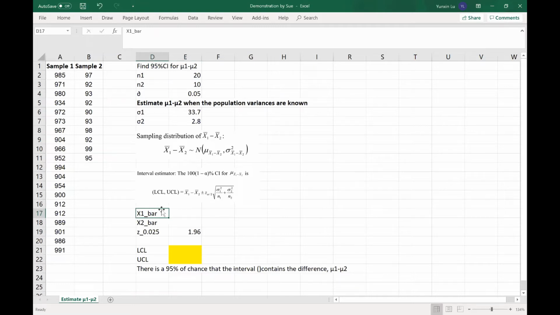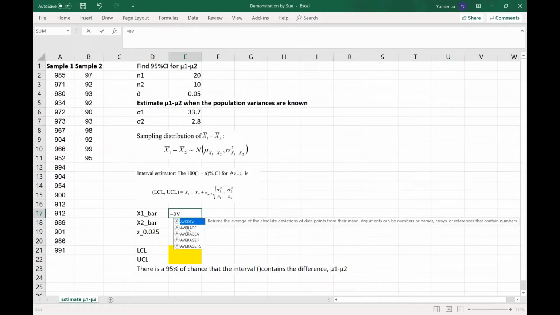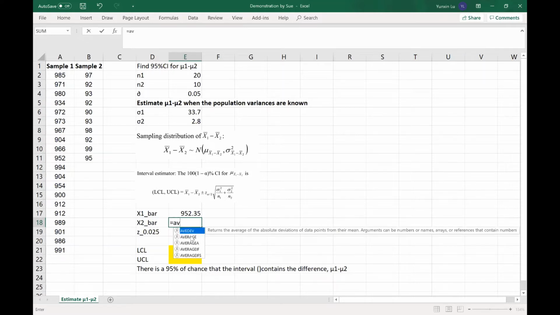So first, let's find the average of the two different samples. First we use the average function to get the result, and the same, use the average function to get the mean.